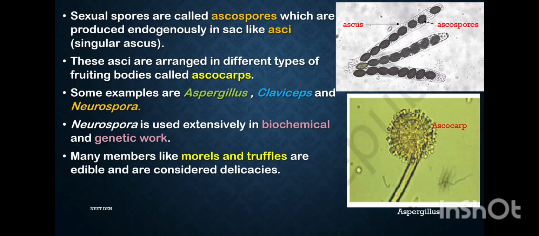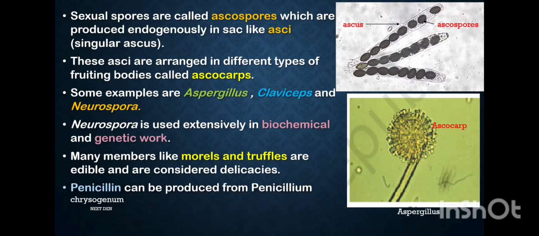Some members of this class of fungi, like morels and truffles, are also edible. They look like mushrooms. They are very rare to get, and hence they are also very costly, but they are edible and are considered delicacies. Penicillin, which is an antibiotic, can also be produced from penicillium.